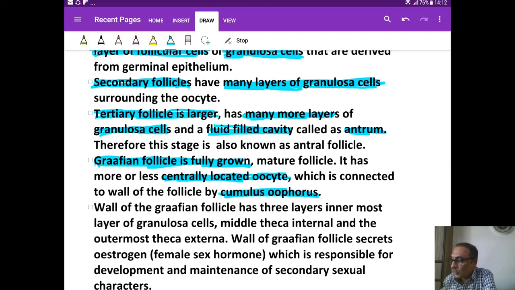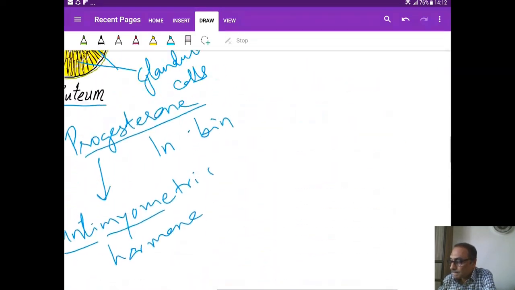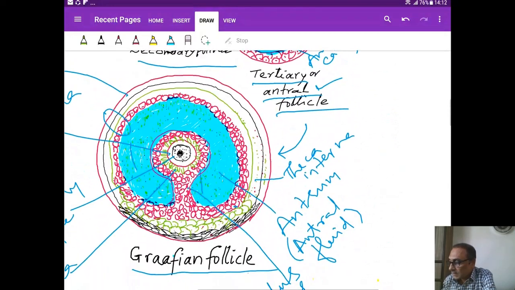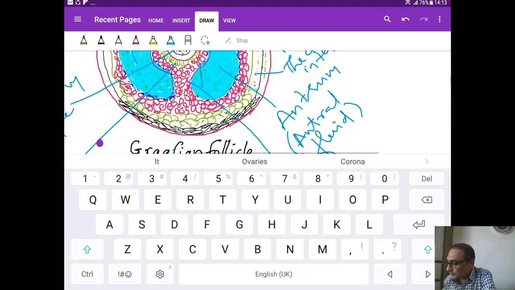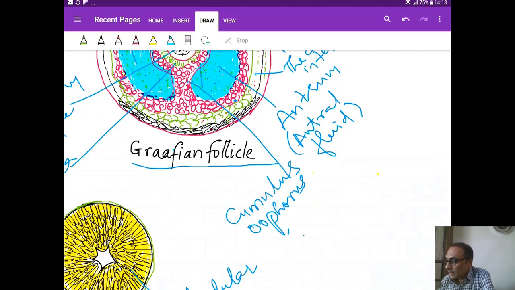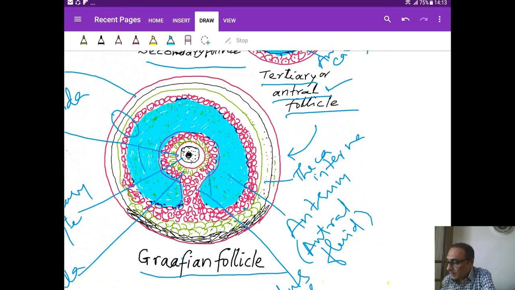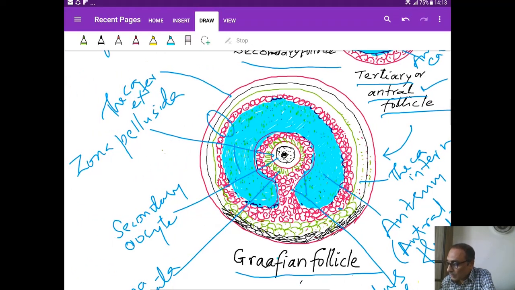Let us look into the picture once again. Yes, so this is the Graafian follicle, what we see here. Now, as you see here, this is the more or less centrally located oocyte.